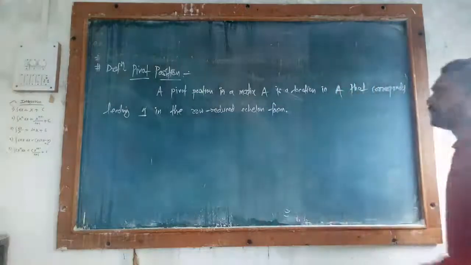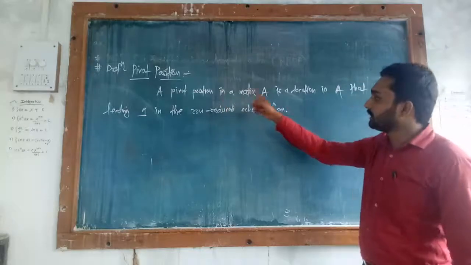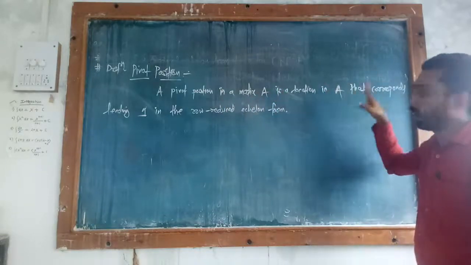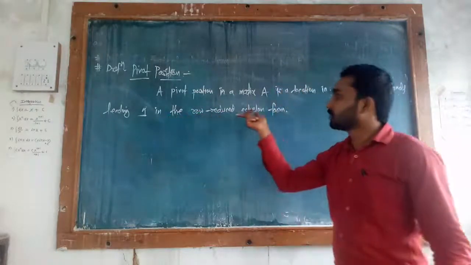It is called the pivot position of a matrix. What is the pivot position of a matrix? A pivot position in the matrix capital A is a location or a position in the matrix that corresponds to a leading one in that row reduced equivalent form.